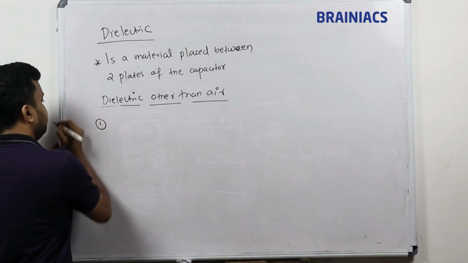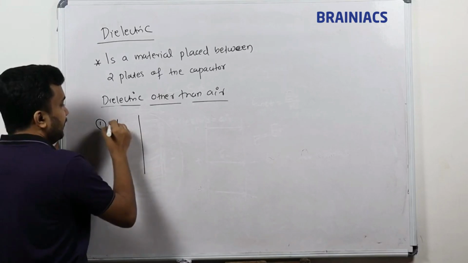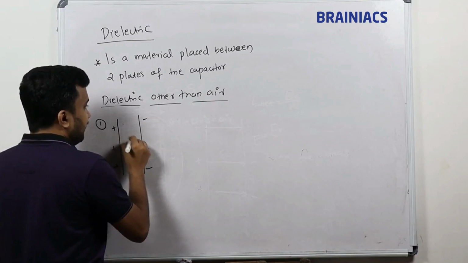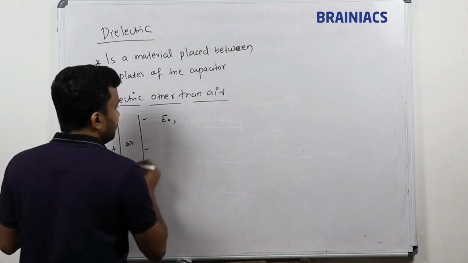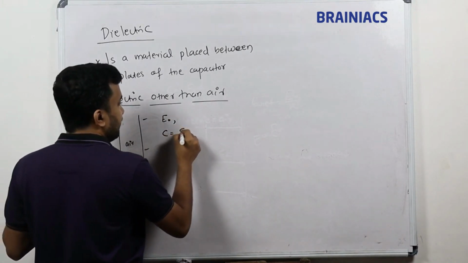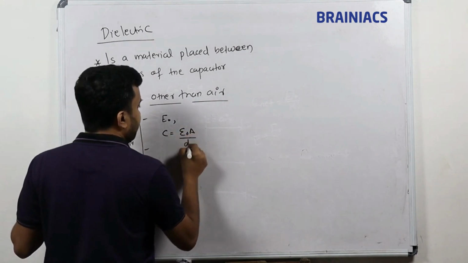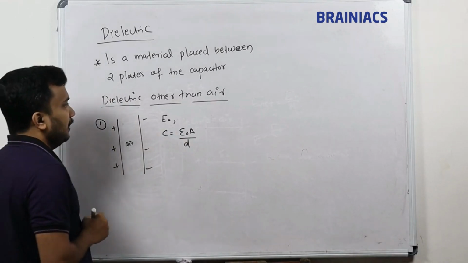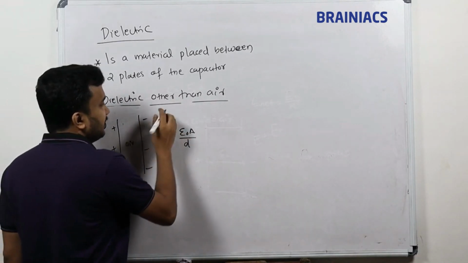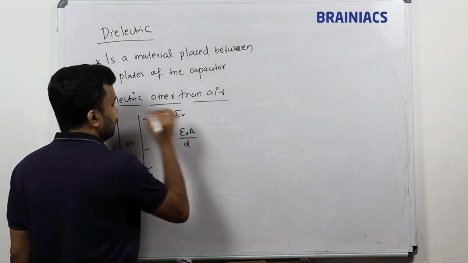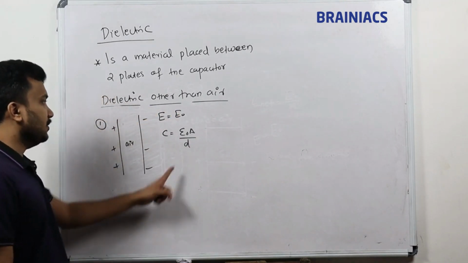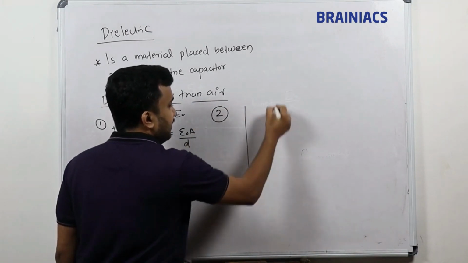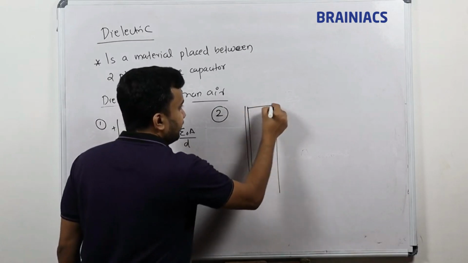Our first point: if it is an air medium, the electric field value is E equal to E0, and the capacitance value is C equal to epsilon A by D. That's all. Second point: I have placed some dielectrics in between them.